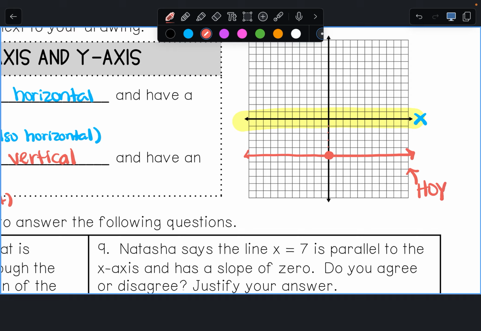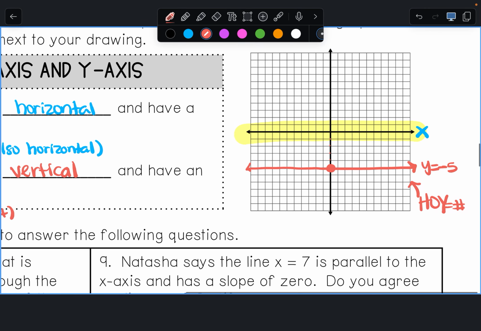What does the y in HOY stand for? The equation of the line is y is equal to a number. So the equation of this line is y is equal to, what number is that? -5. It's parallel to the x-axis, but the equation of the line is y is equal to -5, because it crosses through the y-axis at -5.